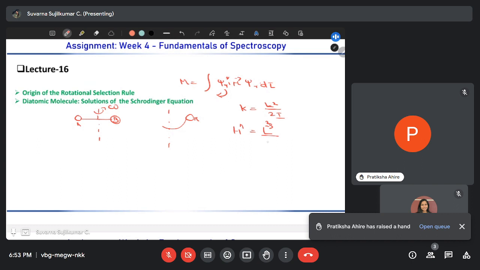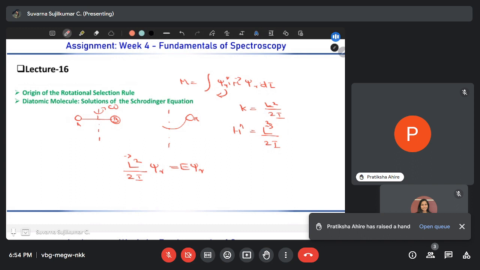So the Hamiltonian for this system is given by the angular momentum operator L squared divided by 2I, where L is the angular momentum operator and I is the moment of inertia. The corresponding Schrodinger equation is given by L squared operator over 2I psi_r equals E psi_r. Here psi_r is the wave function of the system and E is the eigenvalue, right? So this eigenfunction is actually represented in the form of spherical harmonics.